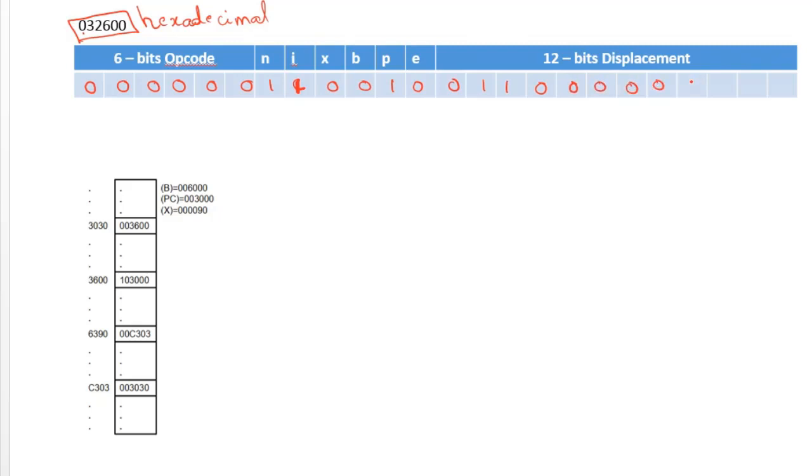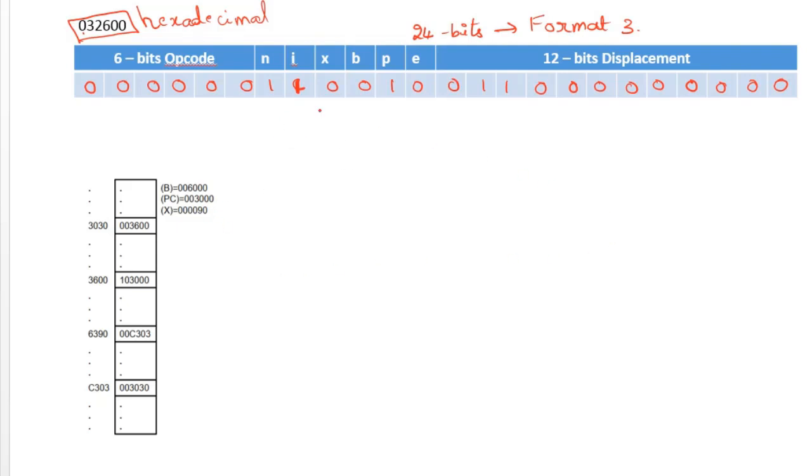We have one more 0 in hexadecimal, that will convert to 4 zeros in binary. How many bits are there? You can see there are total of 24 bits in binary. 24 bit means it is format 3.